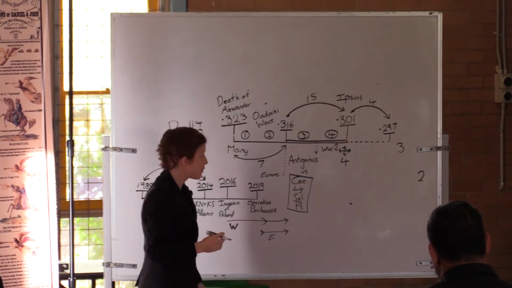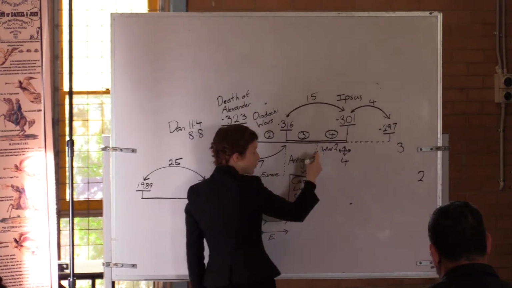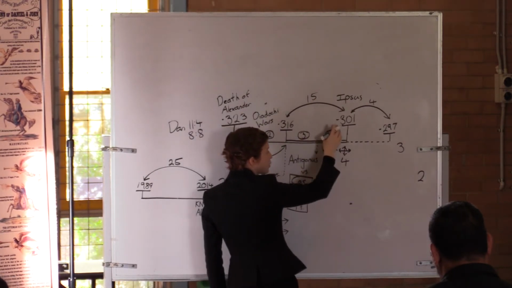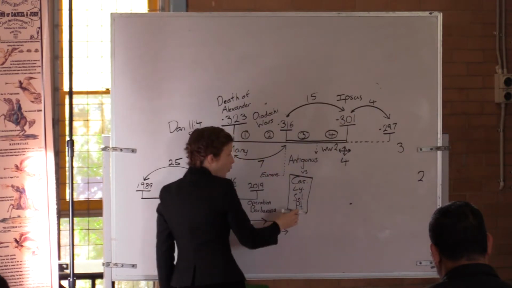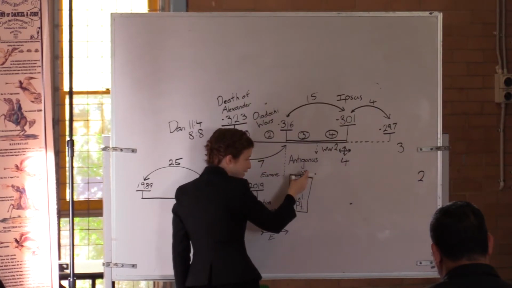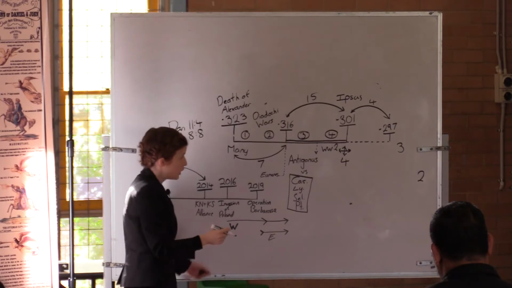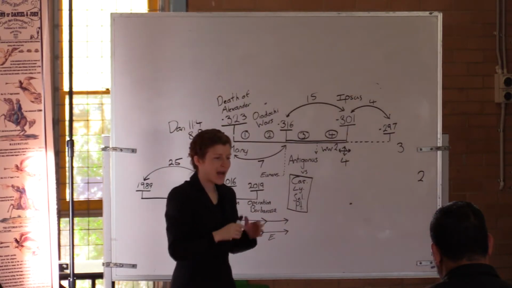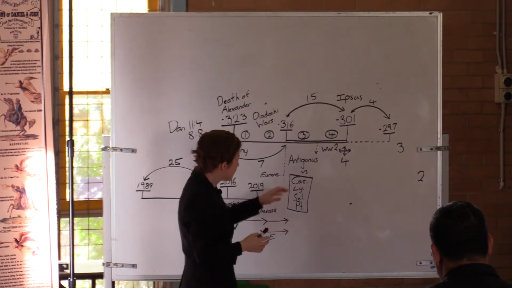And the suggestion I would make, the reminder first, is that this Third War, as well as the Fourth War, was a war between Antigonus and the Allied forces. So the Third and the Fourth Diadochi War had all the same players.